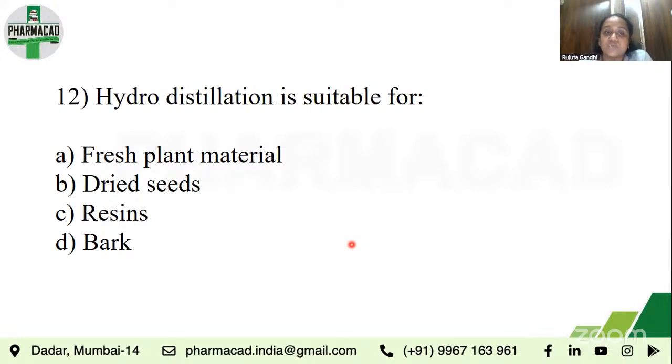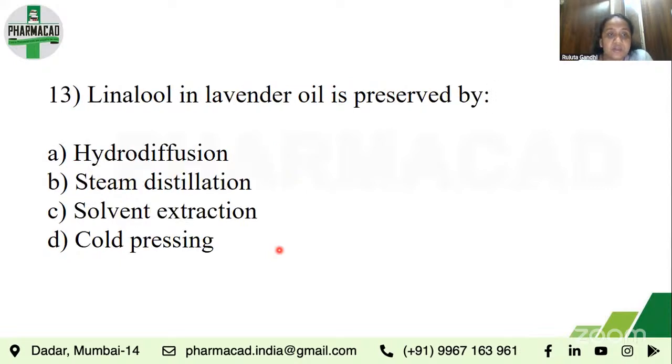Hydrodistillation is suitable for what? अभी ये आंसर दिया है, so you guys can answer it. Very correct. It is suitable for fresh plant material. Linalool in lavender oil is preserved by what?